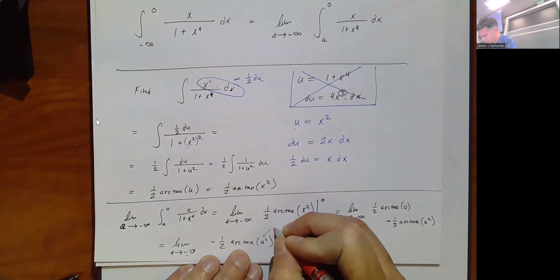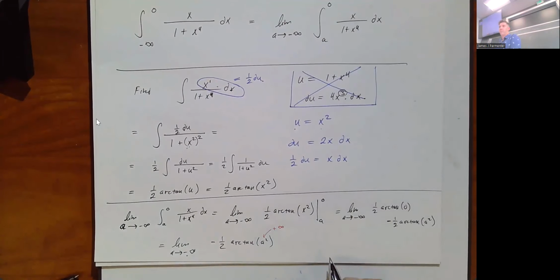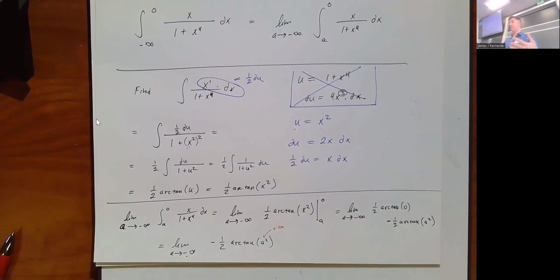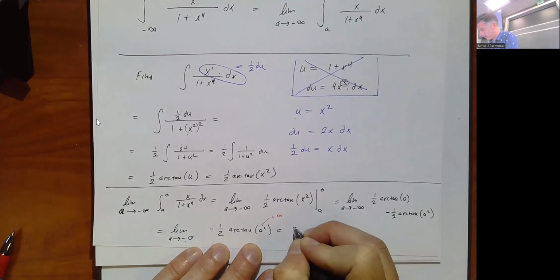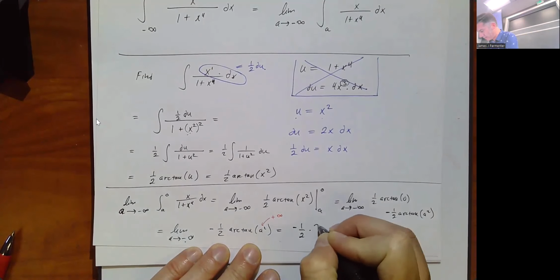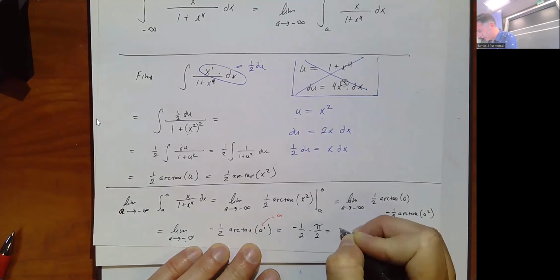And the arctangent of positive infinity is pi over 2. This probably seems odd, why would it be pi over 2? Let me write the final answer and then we'll talk about the why. It's going to be negative 1/2 times pi over 2, which is negative pi over 4.